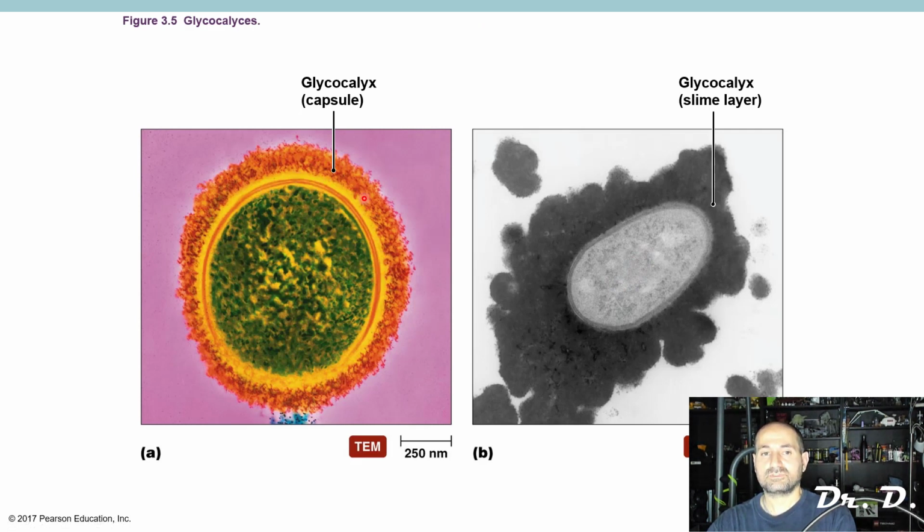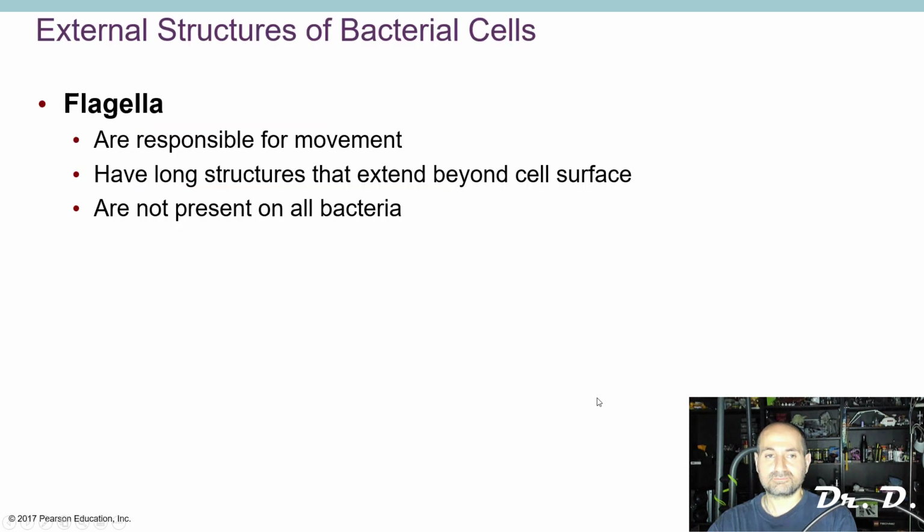Notice how the capsule is so tightly associated with the cell wall. Here's a glycocalyx that's a slime layer. See, the slime layer is very loosely associated with the cell wall. The function of the capsule is mainly to evade the host's immune system. The slime layer is used to attach to surfaces.